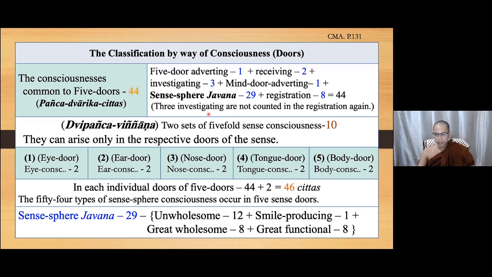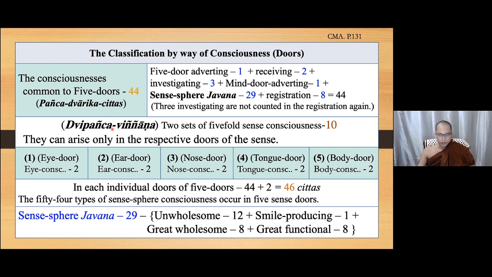So the investigating 3 are not counted again in the registration because they are the same in essence, in the ultimate reality. So altogether, 44 consciousnesses are common to the five doors. It means they can arise at any of the five sense doors.